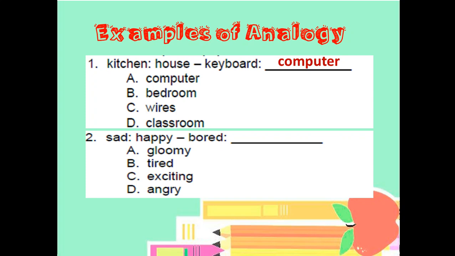Is it A. gloomy, B. tired, C. exciting, or D. angry? What would be your answer? That's correct. The opposite word for bored is exciting. Therefore, we can now say that the relationship for number 2 would be the antonym or the opposite words.